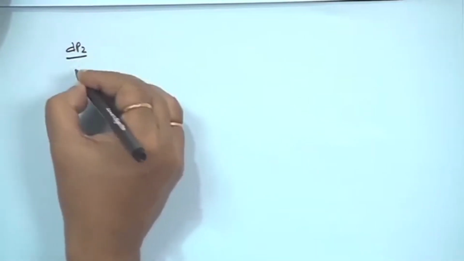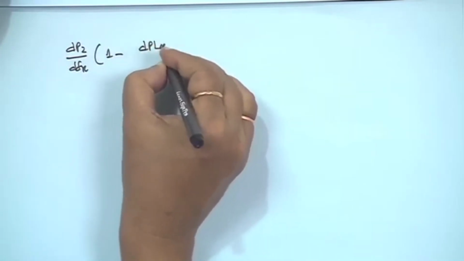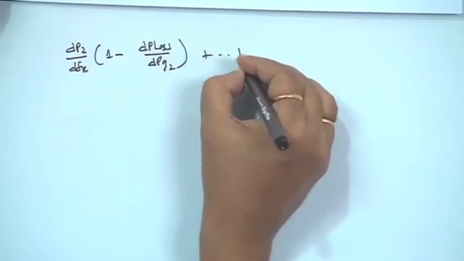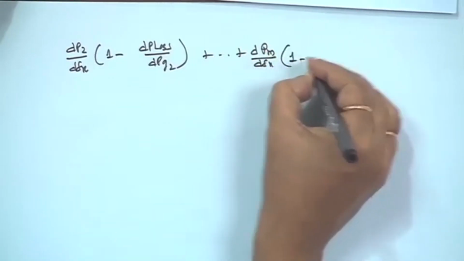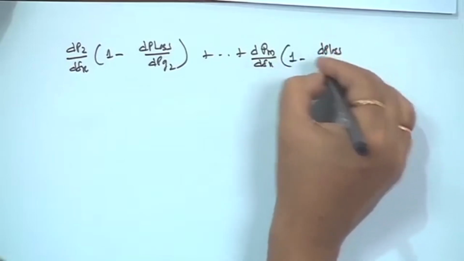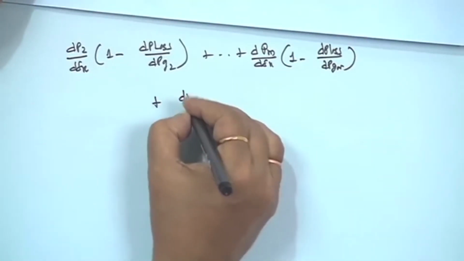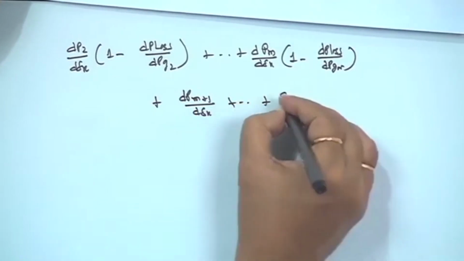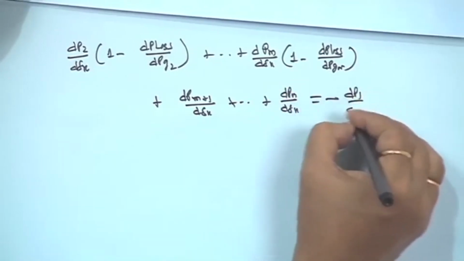That means what we will do, we will write dP2/dδk times (1 − ∂P_loss/∂PG2), plus up to this one, dPm/dδk times (1 − ∂P_loss/∂PGm), plus dPm+1/dδk up to dPn/dδk, is equal to minus dP1/dδk.